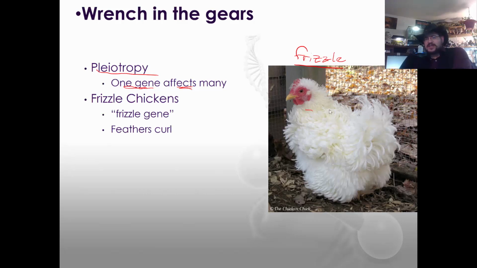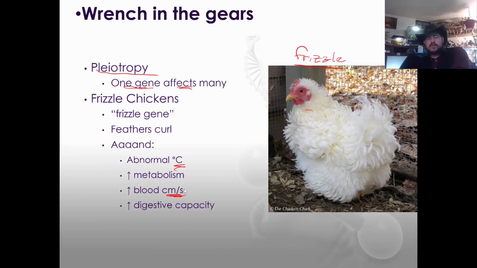But that's not all. Call now right away, and with that frizzle gene, in addition to curled feathers, you can also have abnormal body temperatures, degrees Celsius. An increased metabolism compared to normal chickens. Increased blood flow, blood velocity compared to normal chickens.